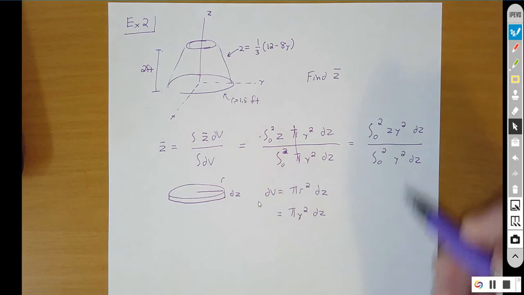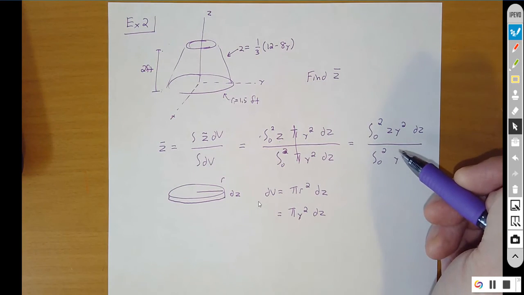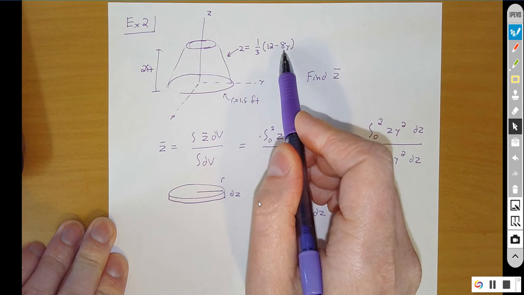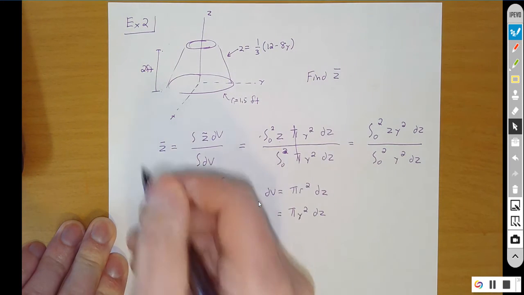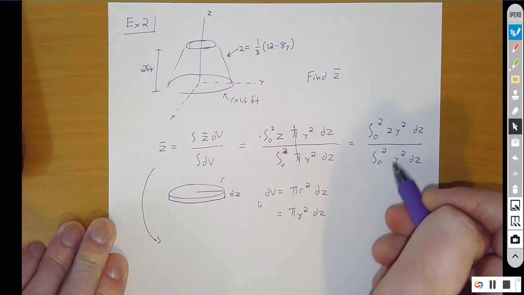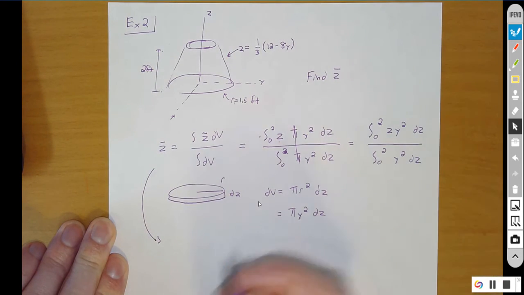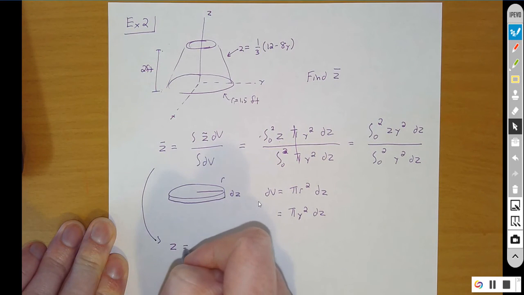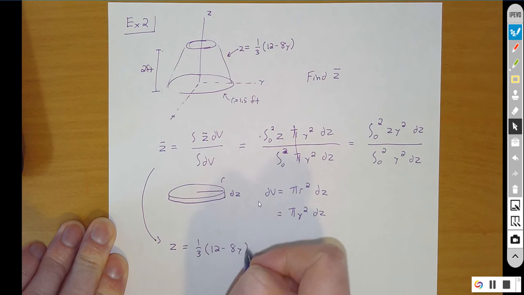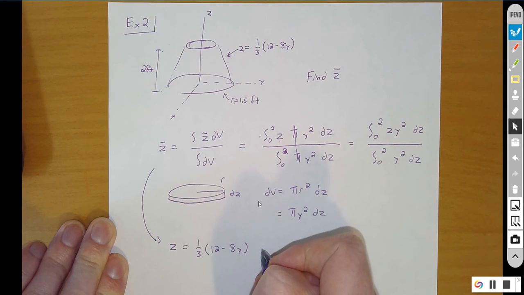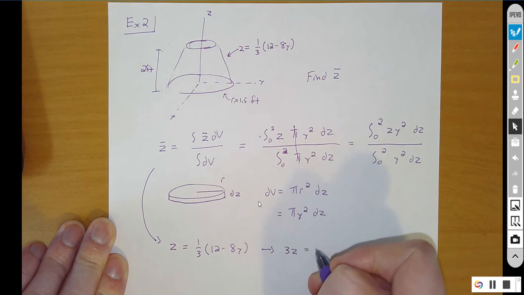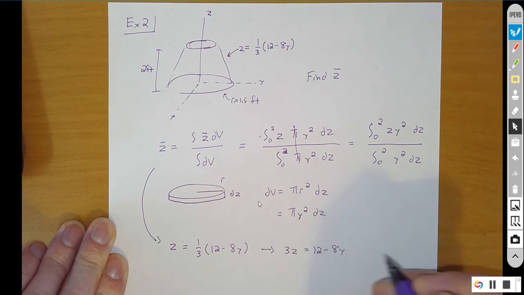We could just integrate as is, but because this is an equation with a y and a z in it, I can rewrite it such that I can plug in a z here. It makes my integration easier. So let's do that next. We have z equal to 1/3 (12 minus 8y). Rearrange that: 3z equals 12 minus 8y.